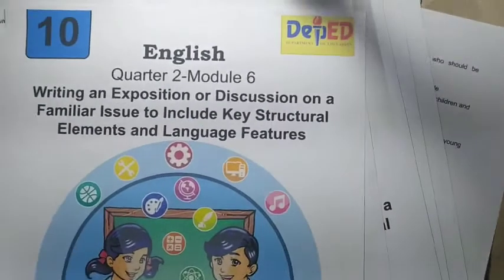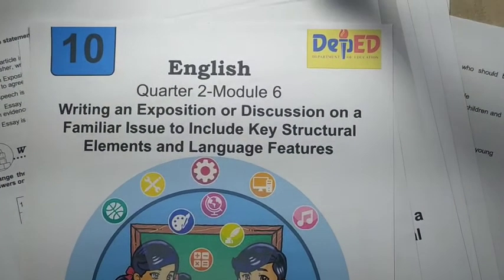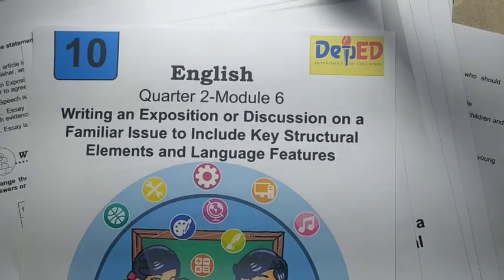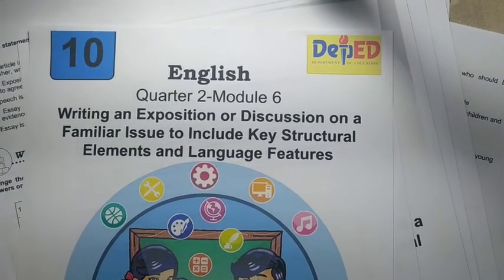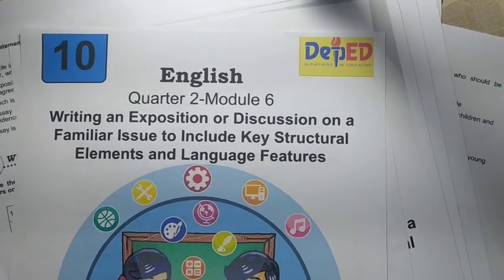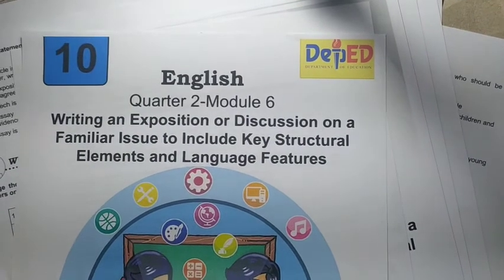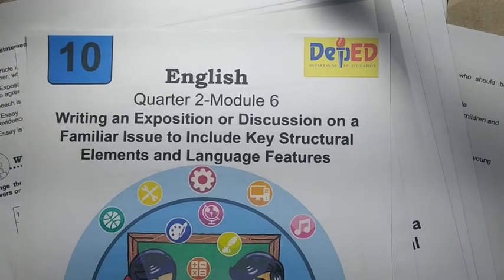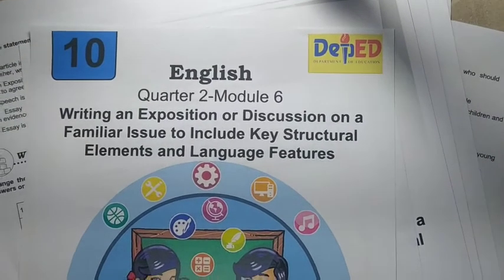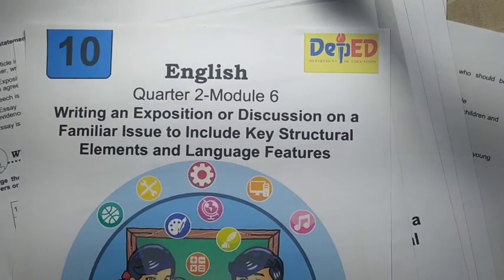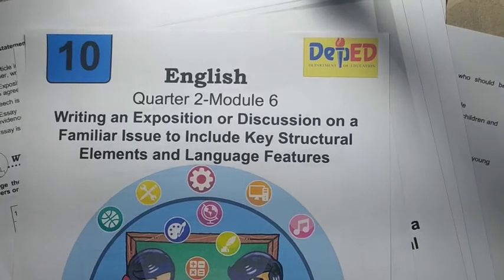And for the final generalization, writing an exposition or discussion on a familiar issue to include key structural elements and language features. This will be how you give your opinion, your stand, how you support it, and how you influence your readers, your listeners to do something or not to do something, because there are consequences, there are benefits.